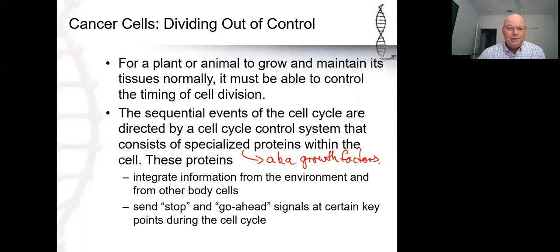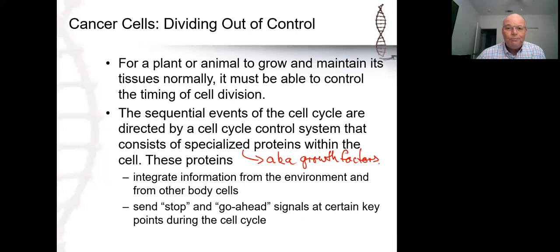Experiments have been done that demonstrate that the simple exposure of a cell to another cell in a different stage of the cell cycle will immediately trigger the first cell to move to the stage of the cell cycle that the second cell is in.